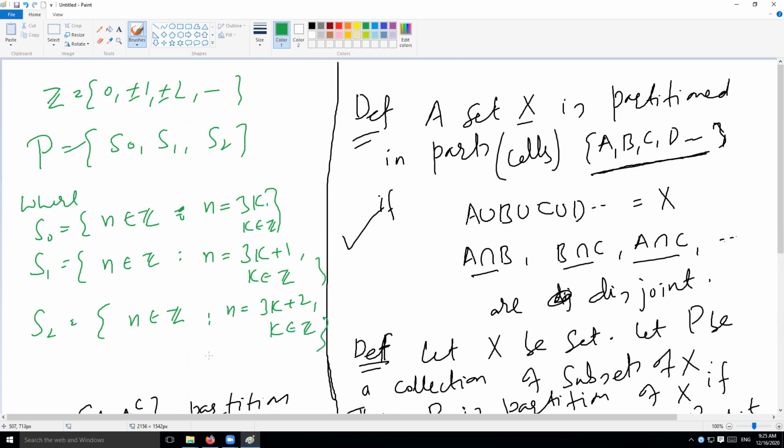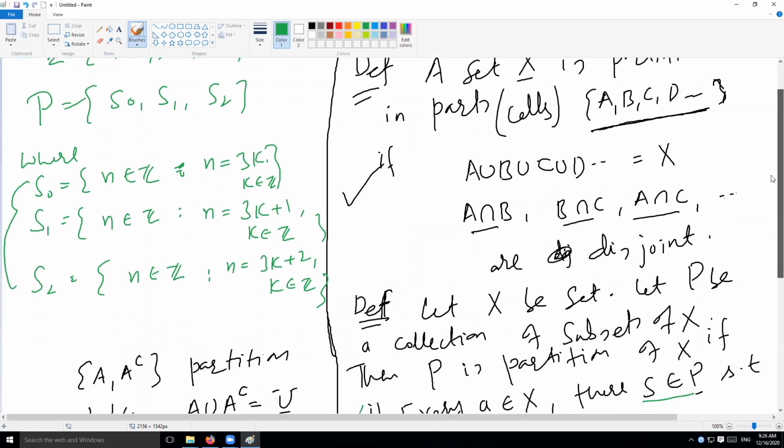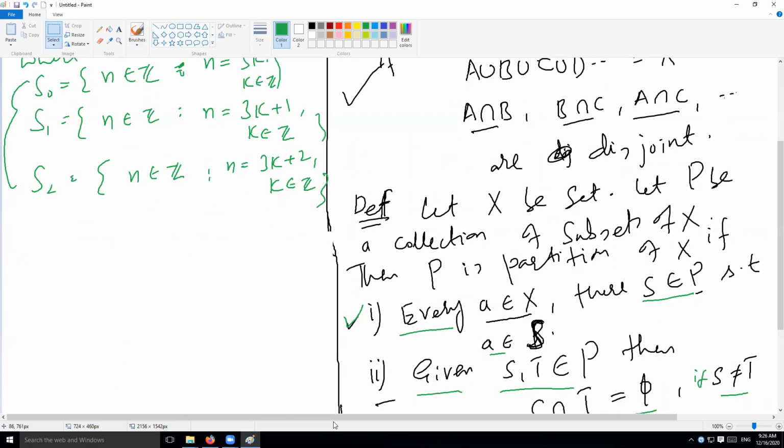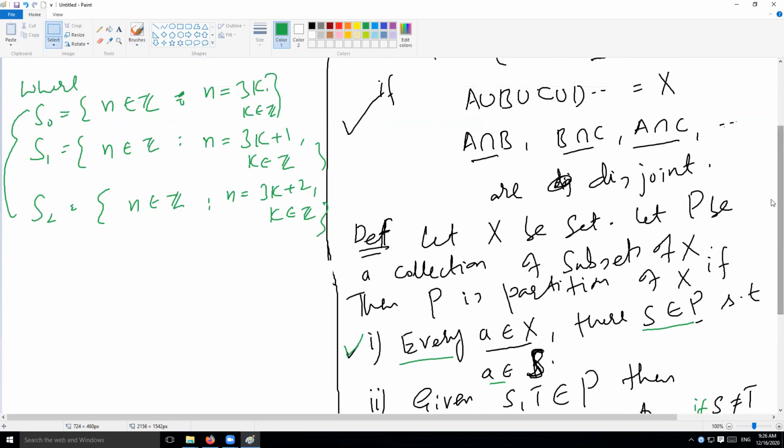So can I say that these three sets partition Z? I can't see it at the moment from their description. By the way, what does the set S0 tell you?